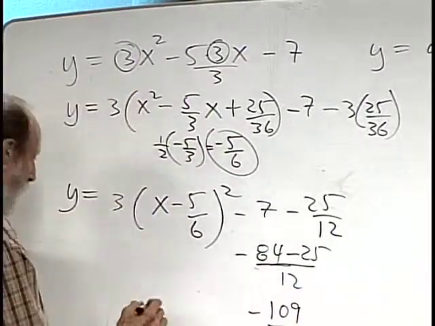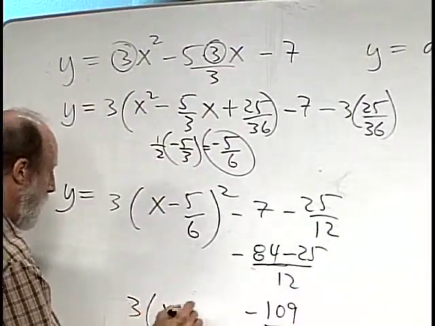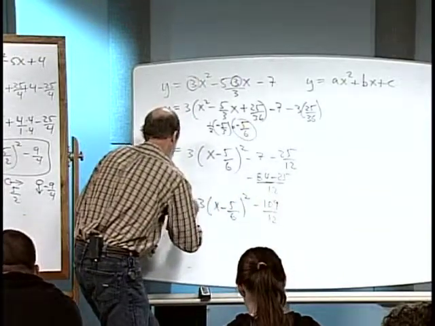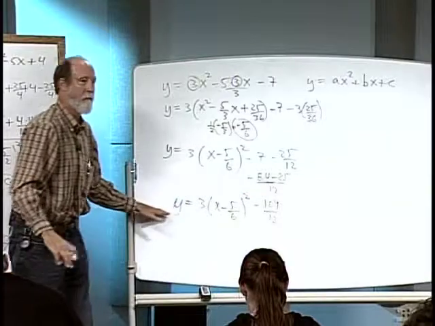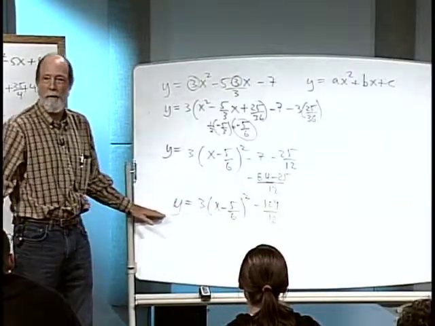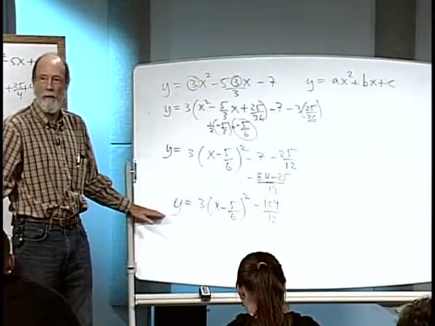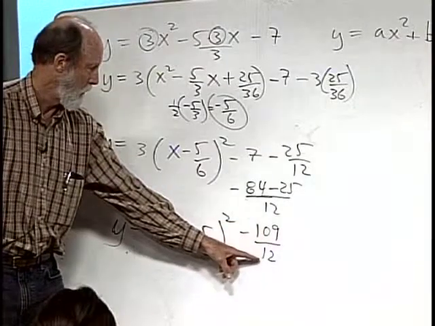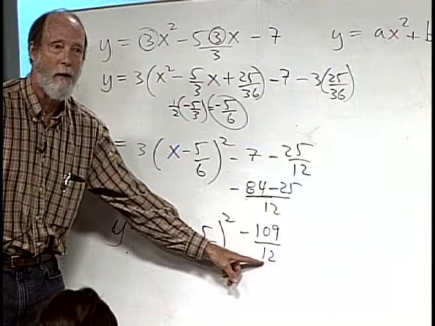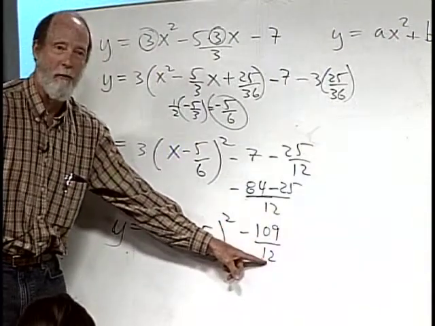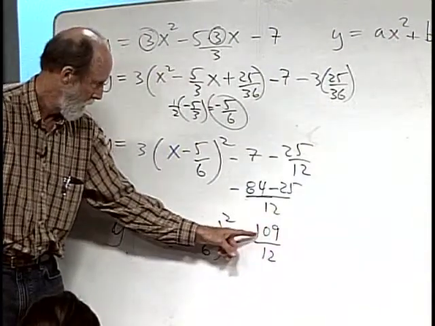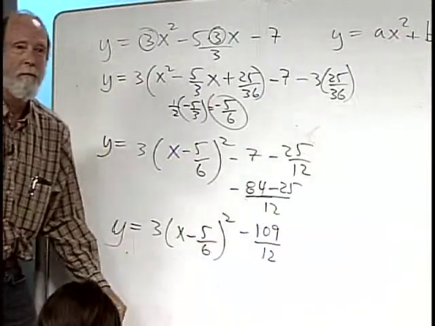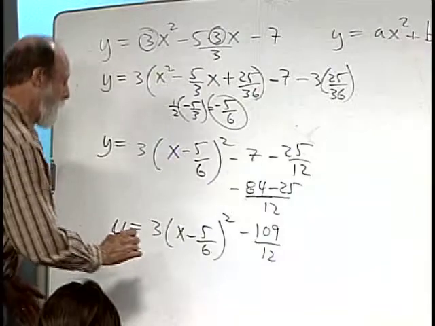And up front we have this. Get this. Does this agree with what's on your paper? 109 12ths? Now the question is, is 109 divisible by any factors of 12? It's not even, so 2 doesn't work. Does a 3 work? No, 3 doesn't work. Okay, so I think that's reduced. So, vertex, folks?